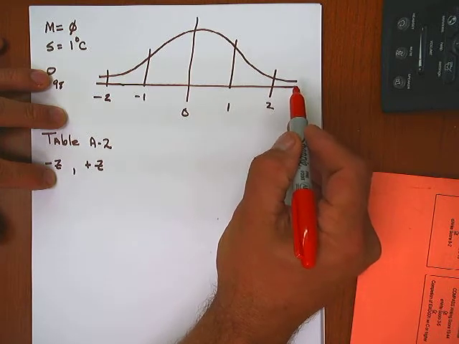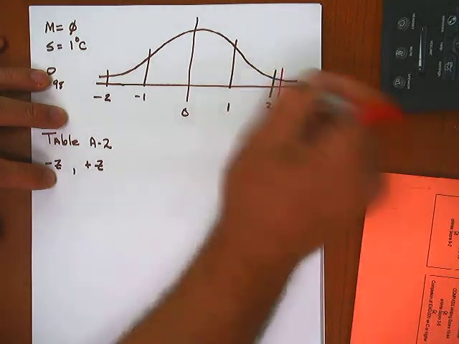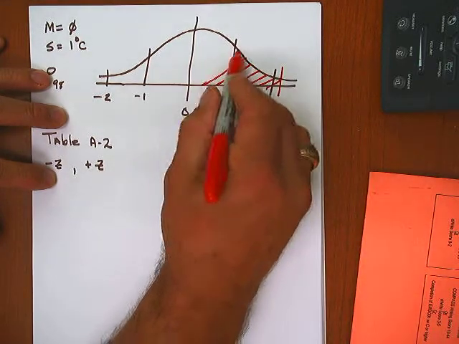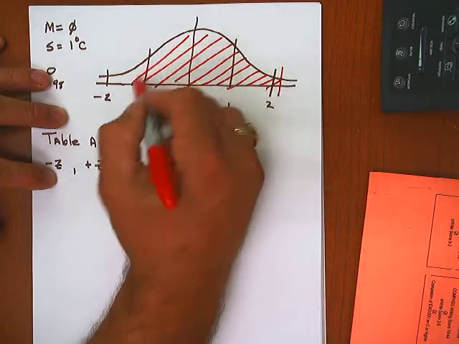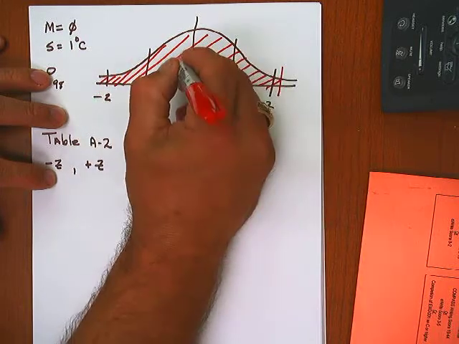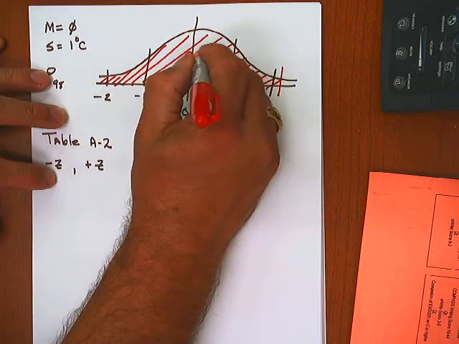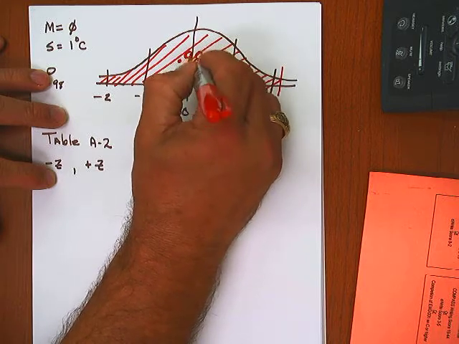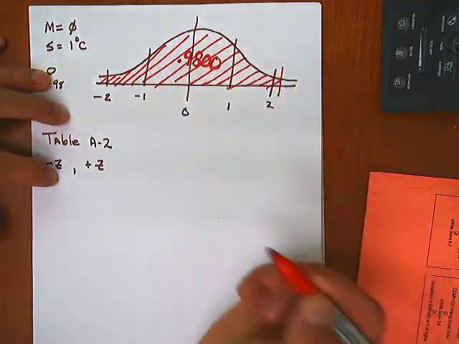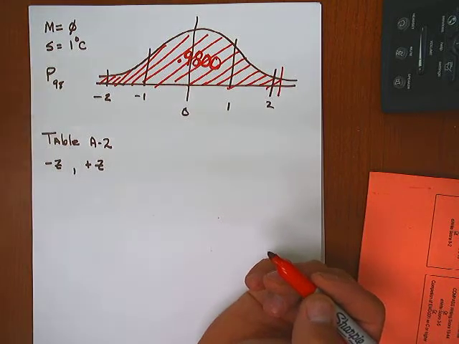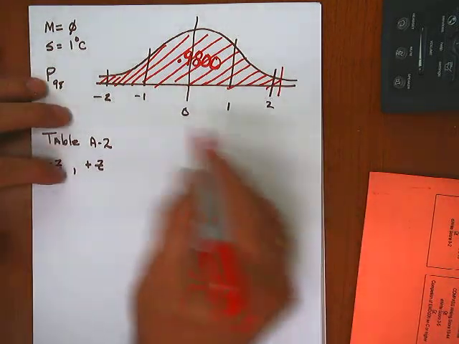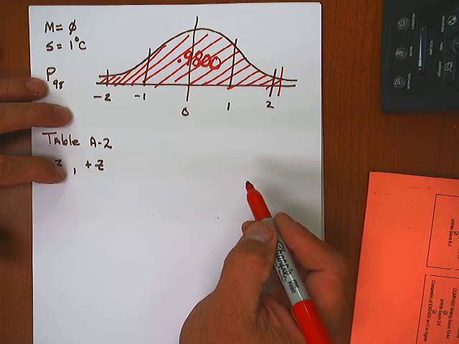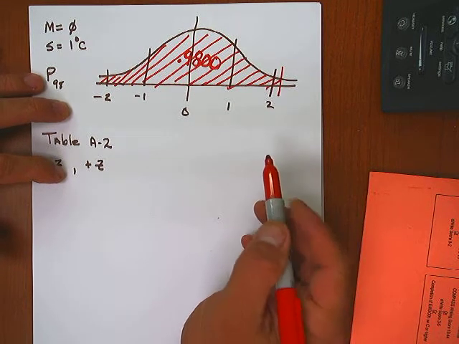We know that this is 2%, so I'm just going to put a line right here, and shade this in to the left because it said the bottom 98%, and we're going to put 0.9800. That's 98%.